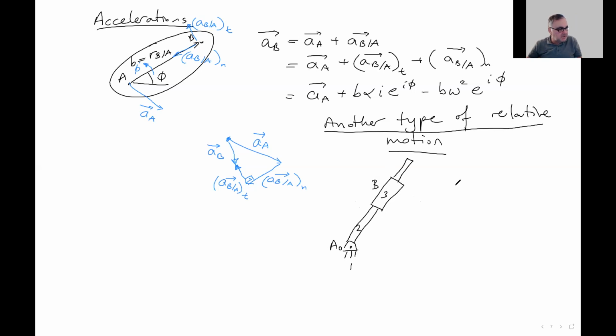Link 3 is sliding or translating with respect to the rotating link 2, okay?